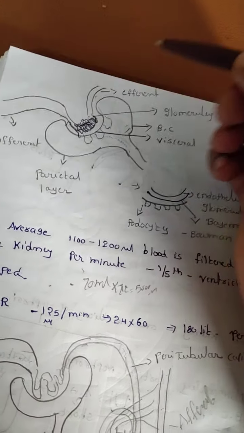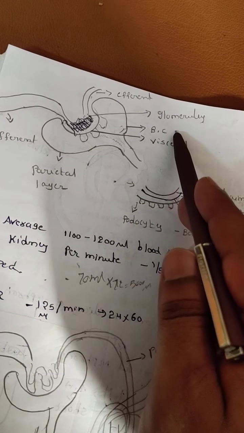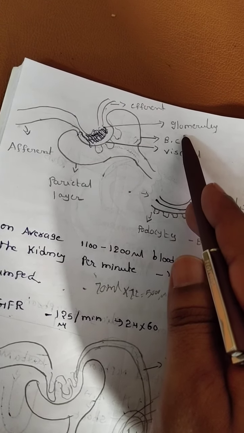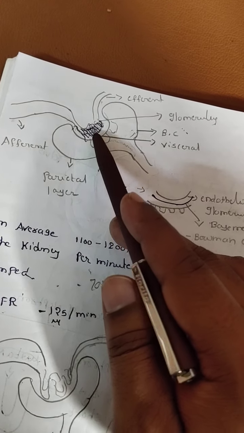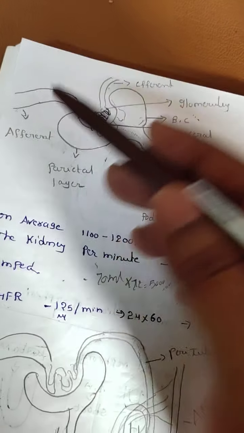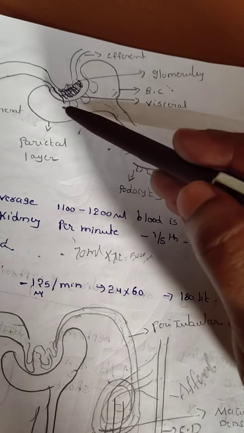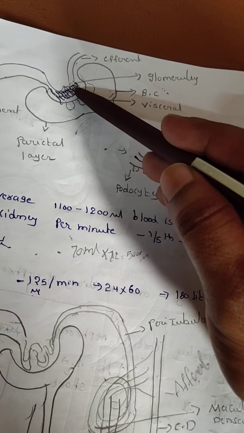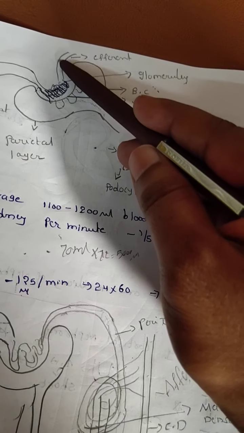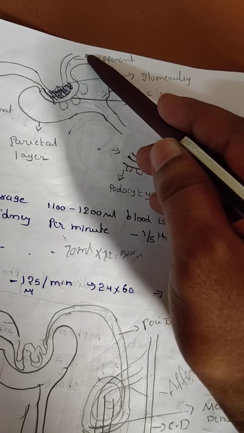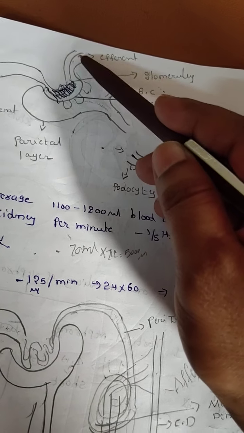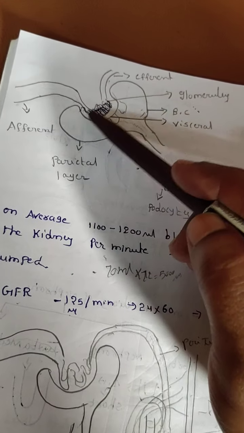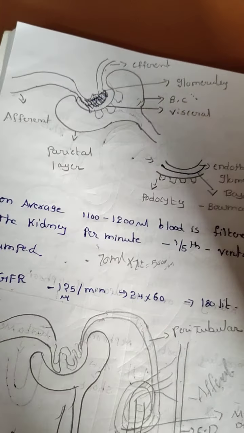This tuft of blood capillaries is called the glomerulus. So, what is the glomerulus? The glomerulus is a tuft of blood capillaries formed from the afferent arteriole. The blood vessel that leaves the Bowman's capsule is called the efferent arteriole. Effer means away, affer means towards. Now the glomerulus is formed.